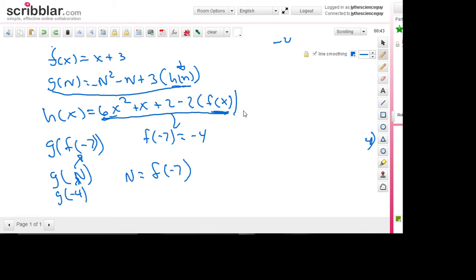So h of negative 4 is equal to 6 times negative 4 squared plus negative 4 plus 2 minus 2 times f of negative 4. Now, do I know what f of negative 4 is? No. F of negative 7 was negative 4. Now I have to find f of negative 4.